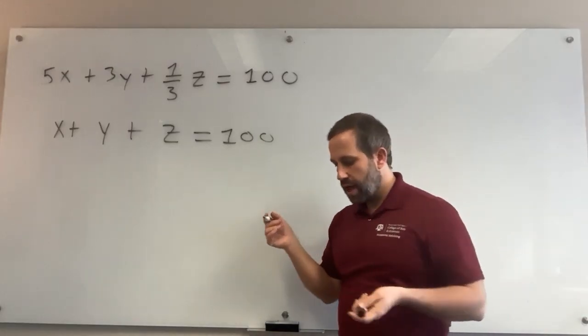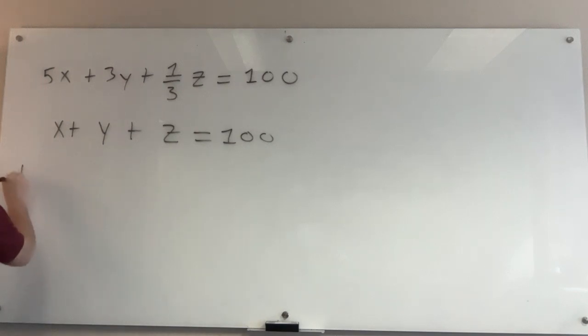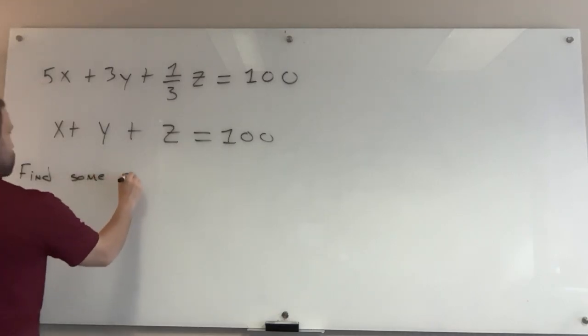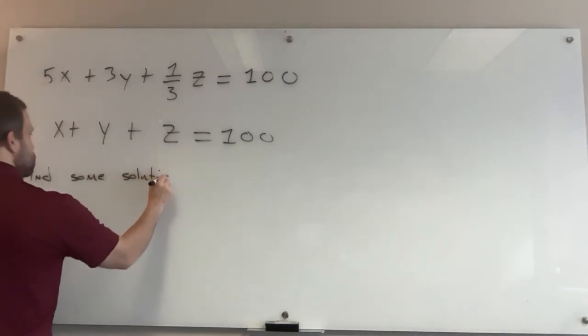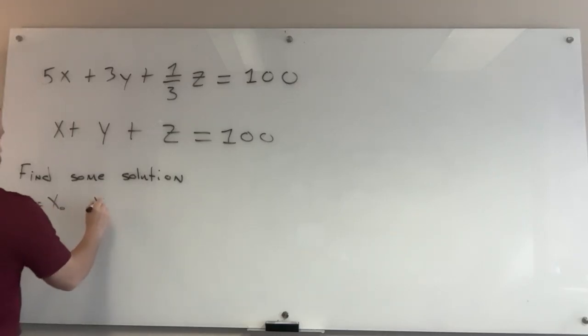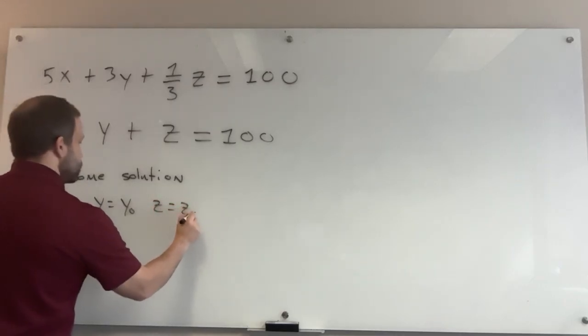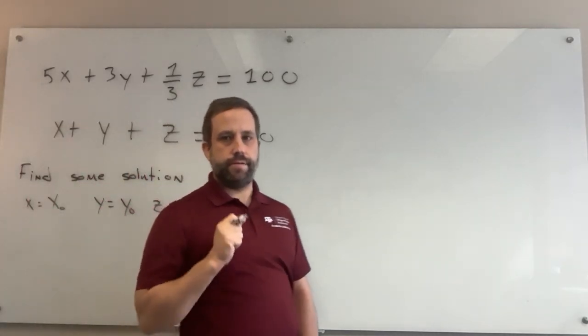So what I want to do is assume that we can find some solution, x naught, so x is equal to some x naught, y is equal to some y naught, z is equal to some z naught.